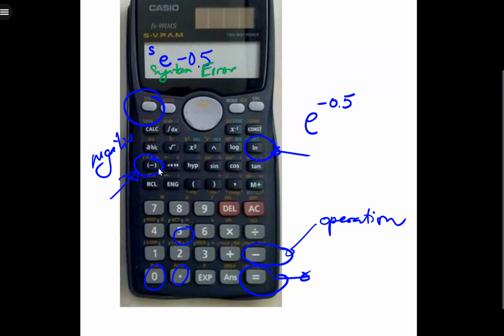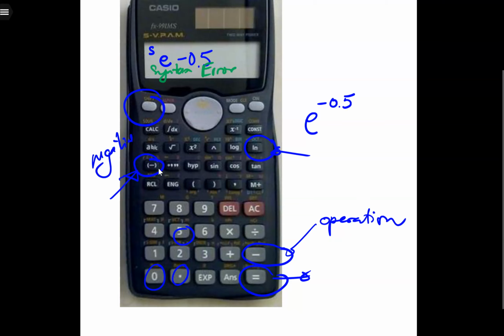E to the exponent negative 0.5 gives a syntax error. Shift E to the negative 0.5.